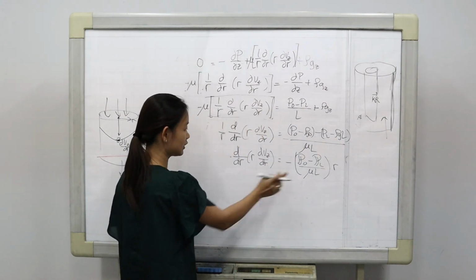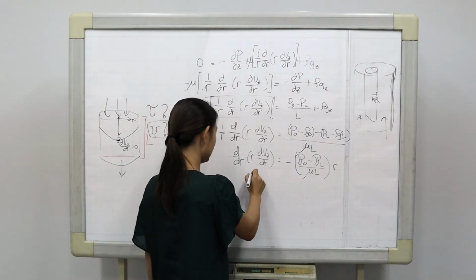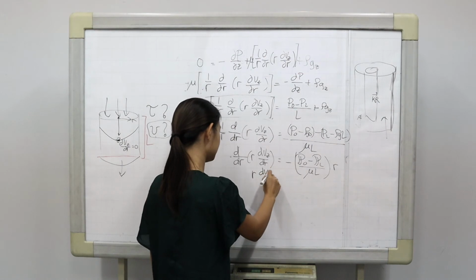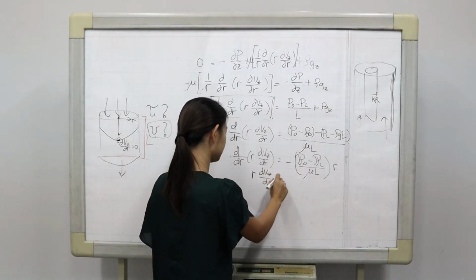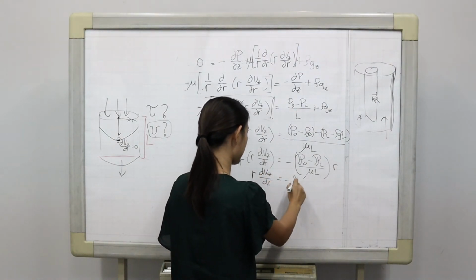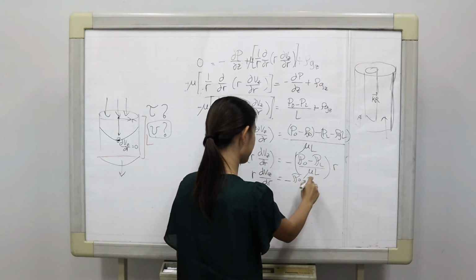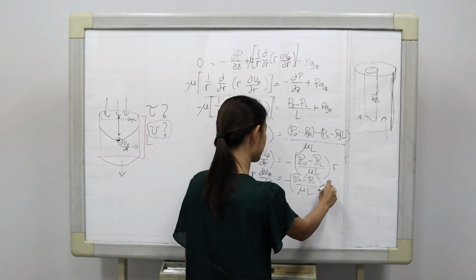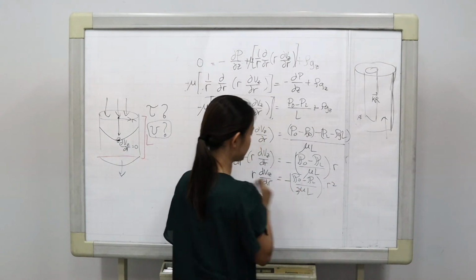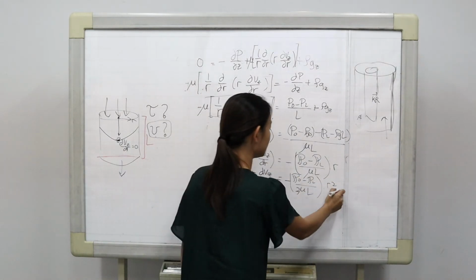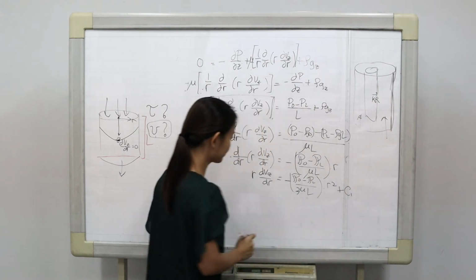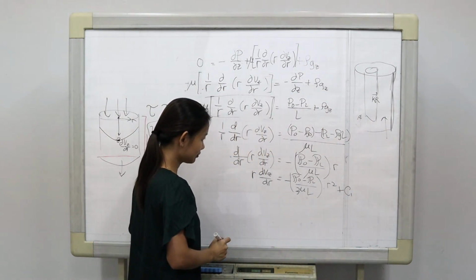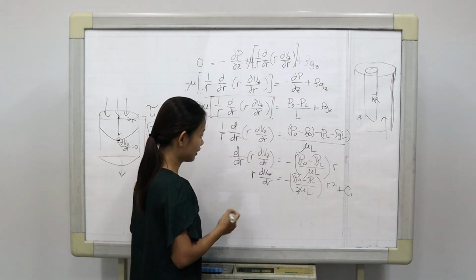Now do the first differentiation: r square over 2, plus constant C1.